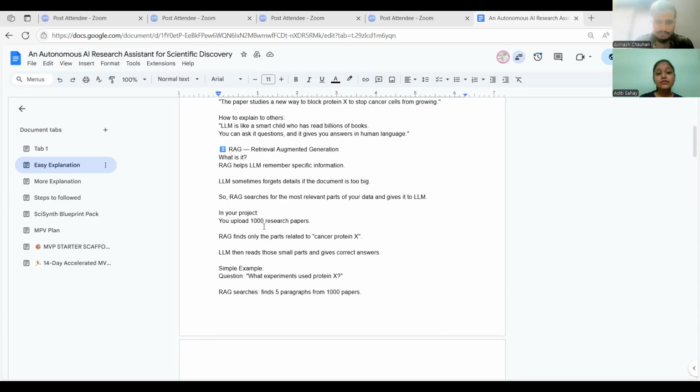The disadvantage of LLM is that when you give it a large amount of data, it will forget something. So to make it remember, we use RAG. You can say RAG is like a wife of a husband who reminds him of everything, right? So yes, RAG will help LLM to remember each and everything.